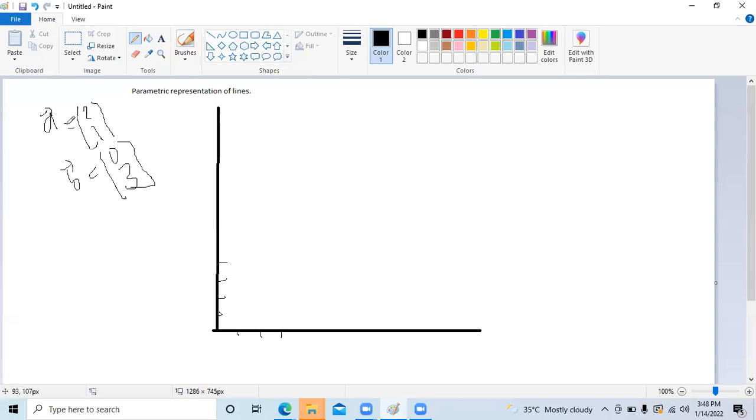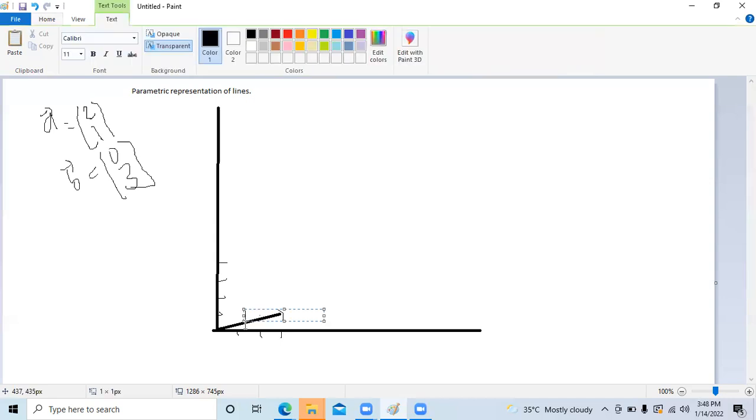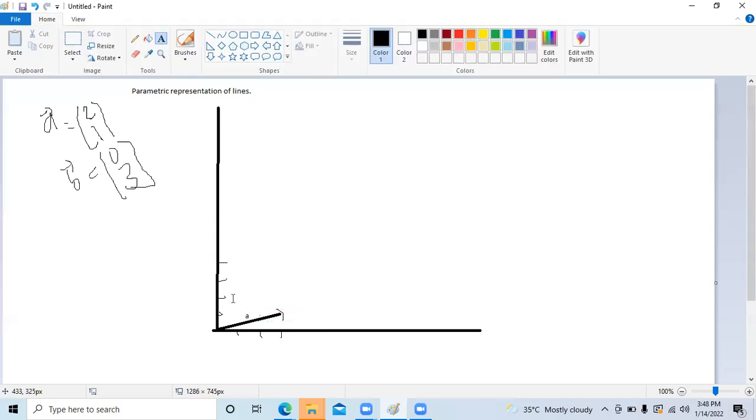So vector A is 2, 1, that's our A on the x-axis, 2, 1. So 2, 1 will be somewhere here. So let me draw my vector A. Vector B is 0, 3.